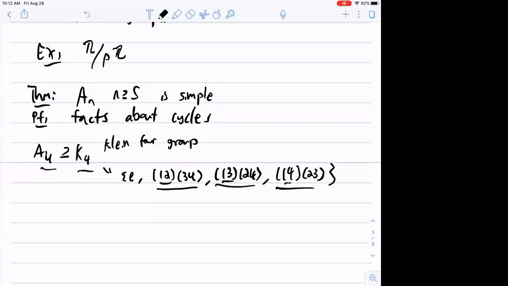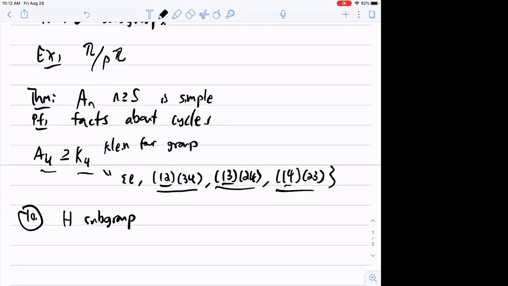Okay, so let's do a problem from the book. Problem 10: H a subgroup. I believe that was you, Andy, who asked. This is another way you could prove part A of that homework, although it uses more heavy material.